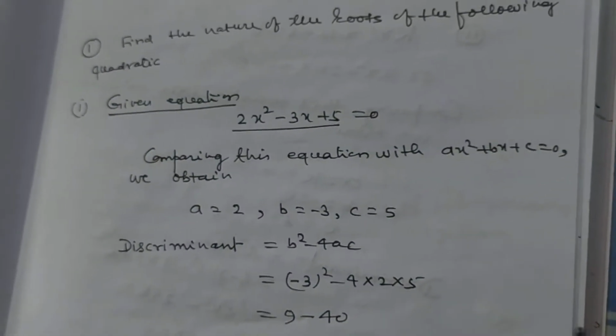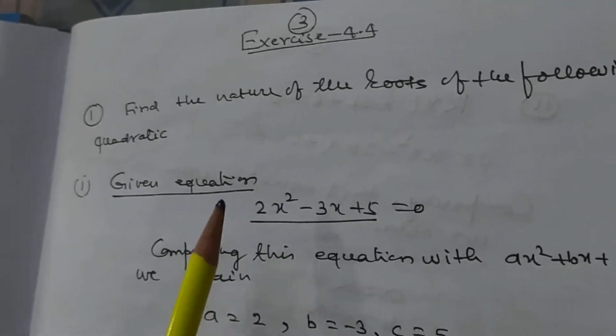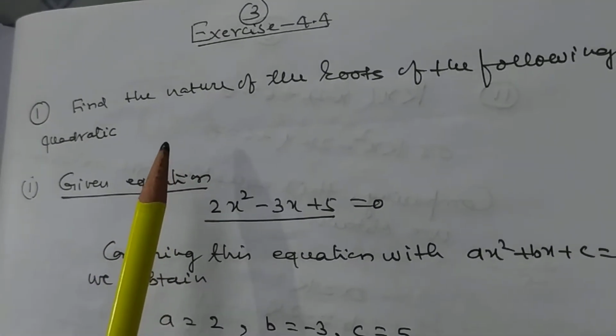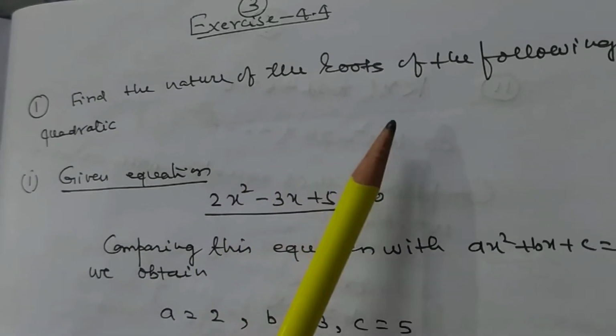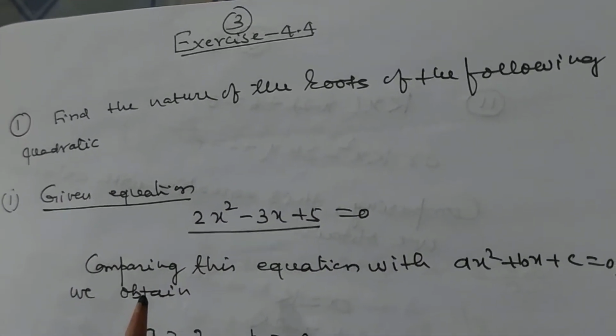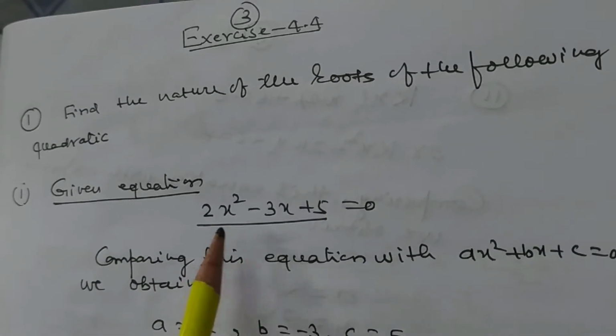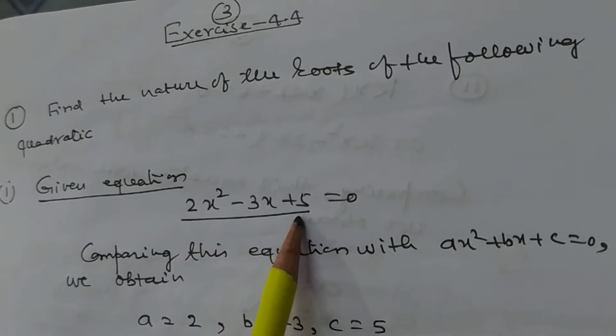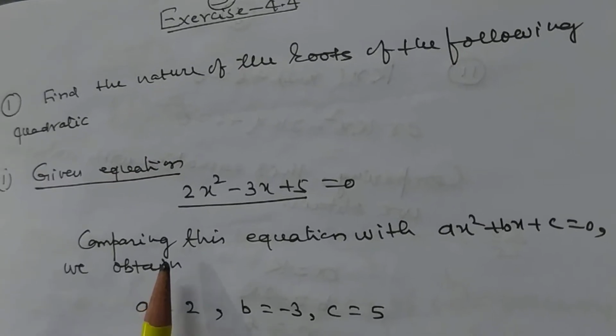Now, I want to solve a problem based on this concept. My dear students, in exercise 4.4, problem number 1, find the nature of the roots of the following quadratic equation. The question is 2x square minus 3x plus 5 is equal to 0.